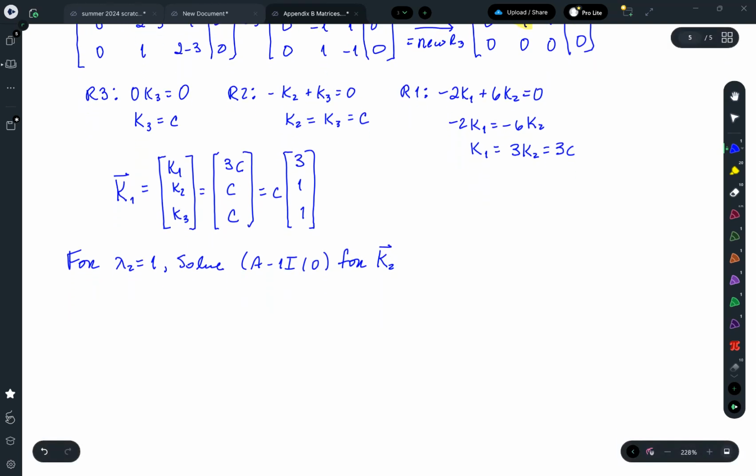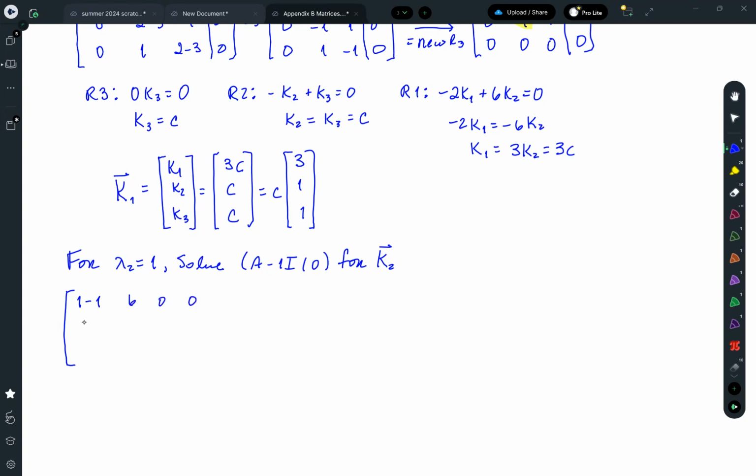Okay. So again, I've got it written down here, so I'll just write it. If we look at A minus 1I, the components are 1 minus 1, 6, 0, 0. And then second row, 0, 2 minus 1, 1, 0. Third row is 0, 1, 2 minus 1, and 0. Put the equal bar in. Let's rewrite things a little bit nicer.